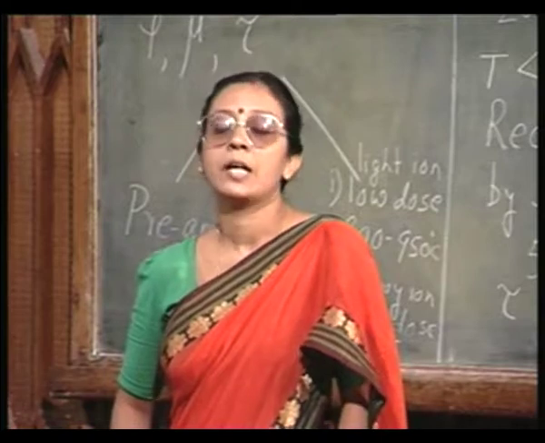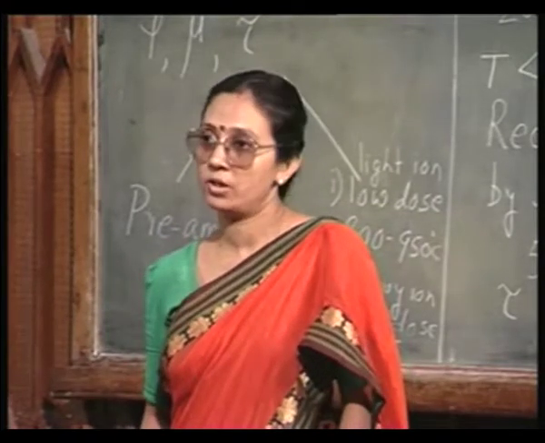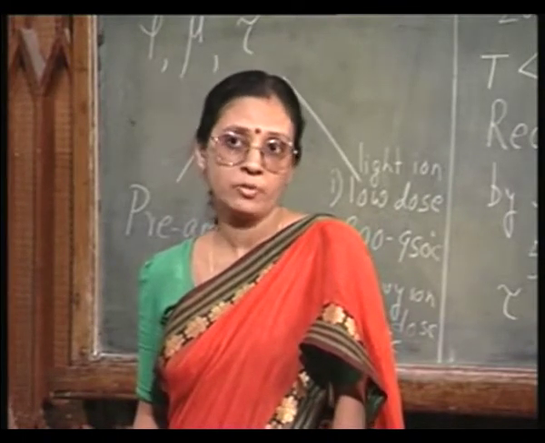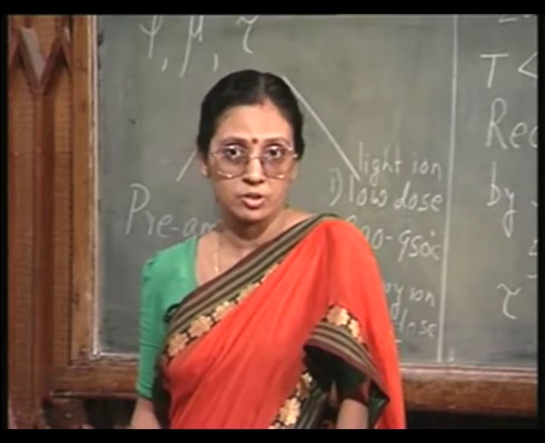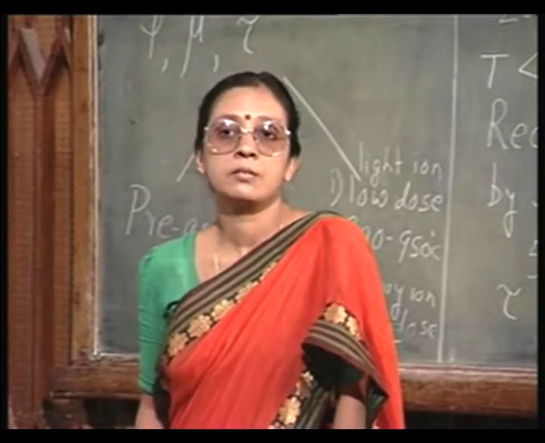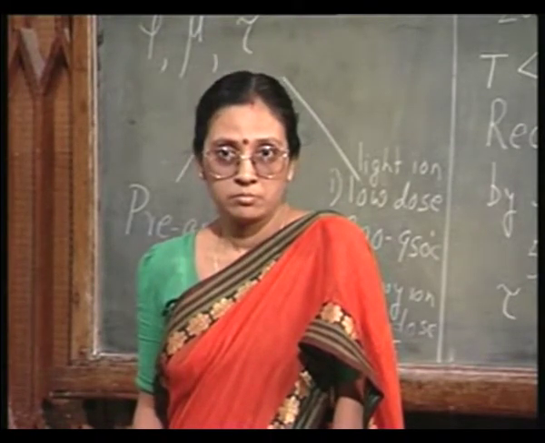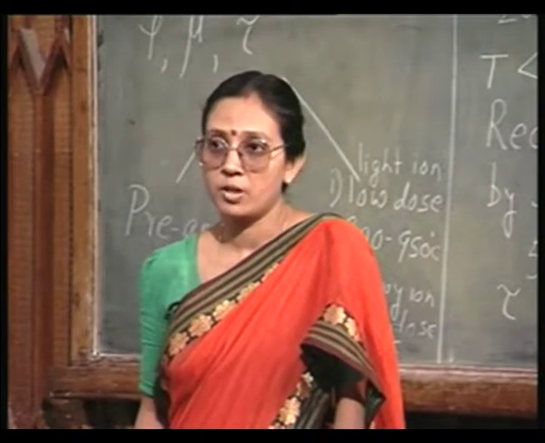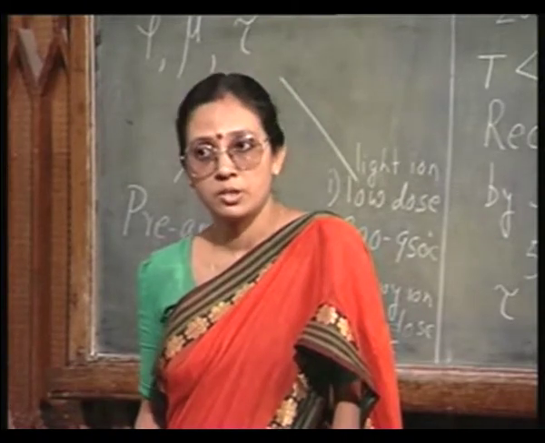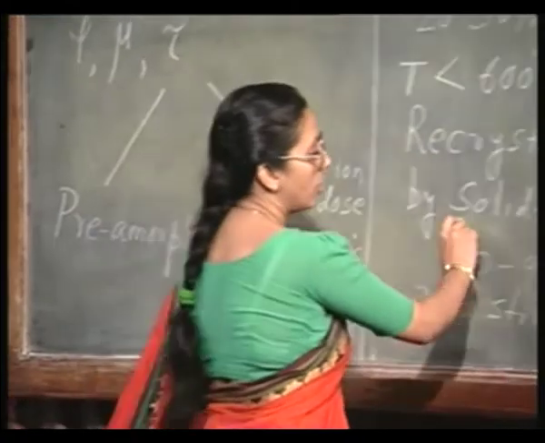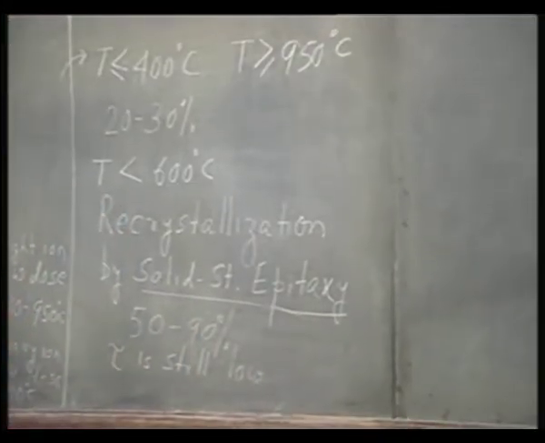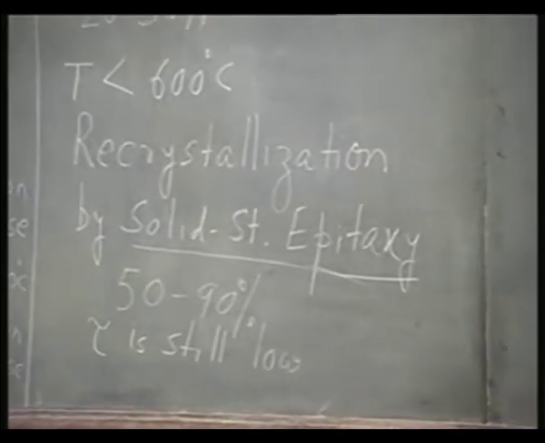In order to get lifetime recovery, anyway you have to go to 950 degree centigrade or above. But if lifetime recovery is not that important to you, if you are bothered only about the carrier activation primarily, then it is much better to go for a pre-amorphized material, get it pre-amorphized by a self implantation, so that carrier activation is obtainable at a much lesser temperature, and that is possible because of this solid state epitaxy, which can take place at this 600 degree centigrade temperature.